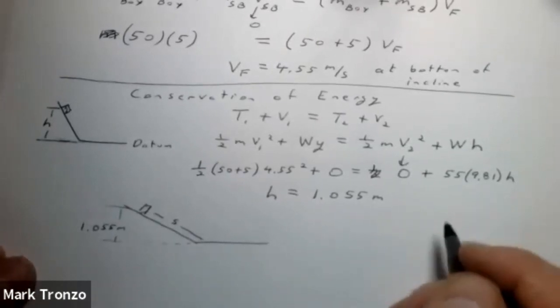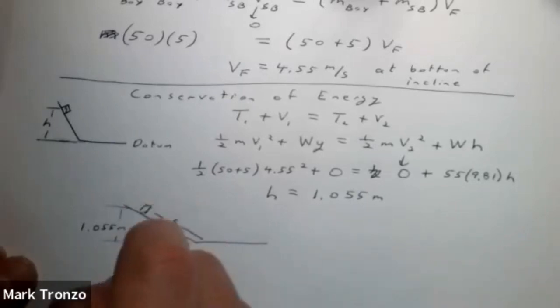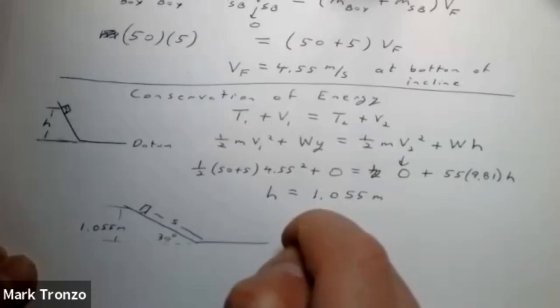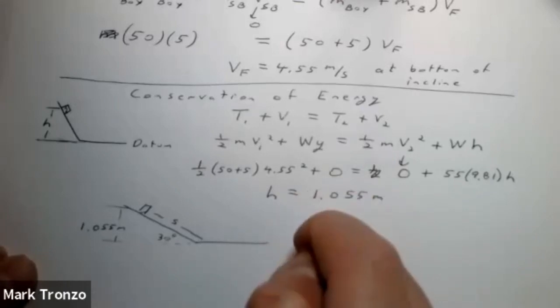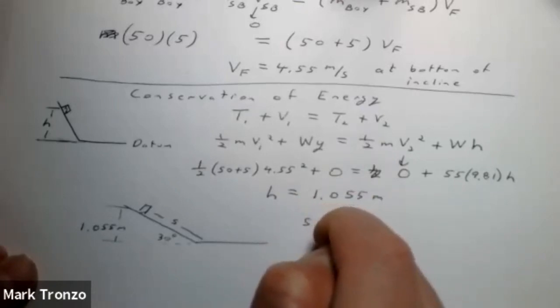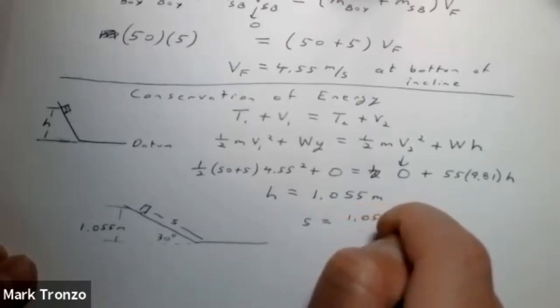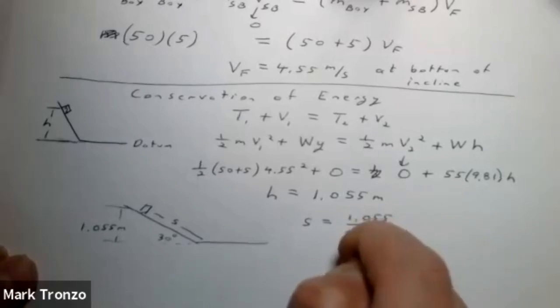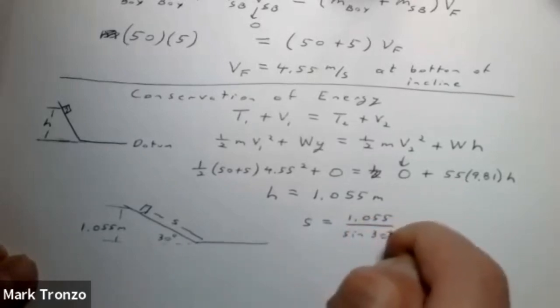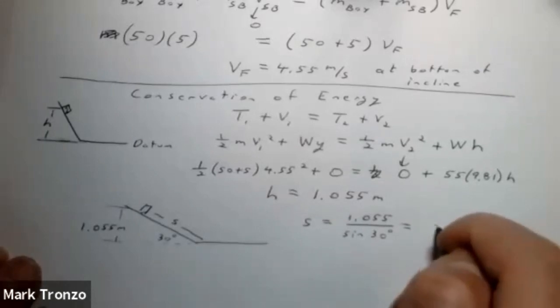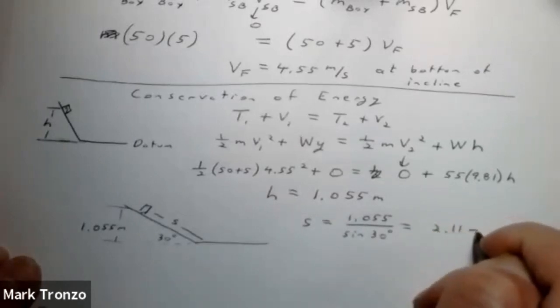If this is 30 degrees, usually we're finding the side. This time we have to find the hypotenuse. So I guess that would be the opposite over the sine. So the distance S is going to be 1.055 divided by the sine of 30 degrees. And when you put that in your calculator, you get around 2.11 meters.